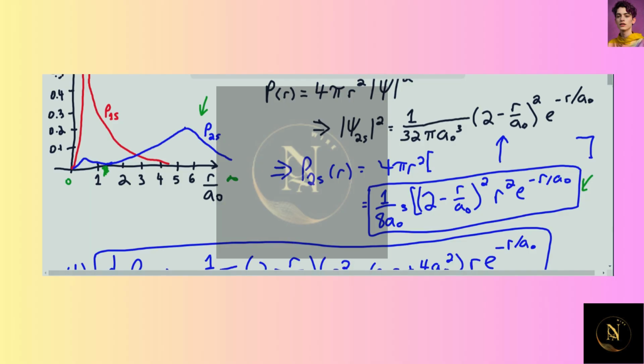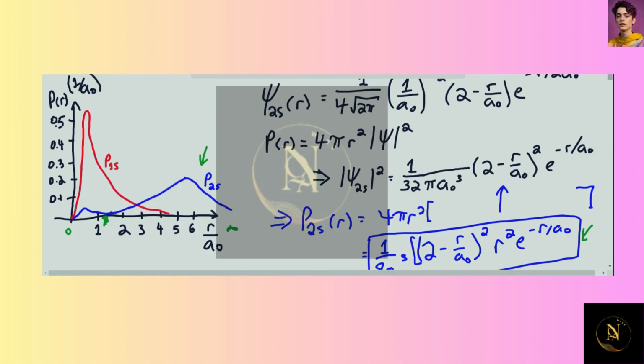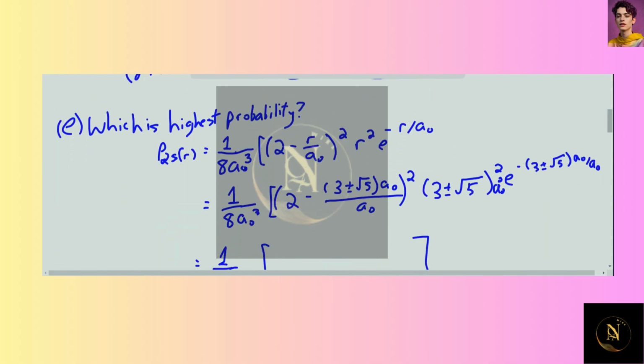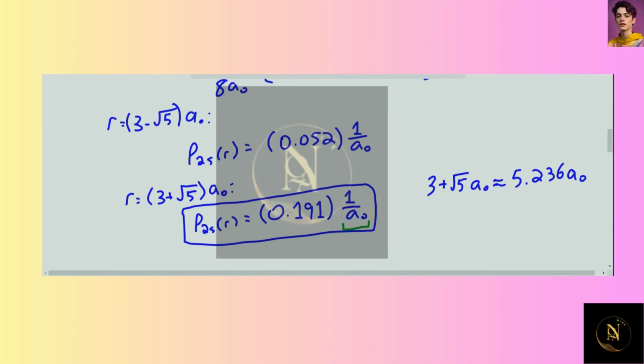So it's the coefficient in front of the 1 over a naught that gives you these probability numbers on the vertical axis. But so that is 3 plus the square root of 5 times a naught, the most probable location, and that seems to be all this problem is looking for.